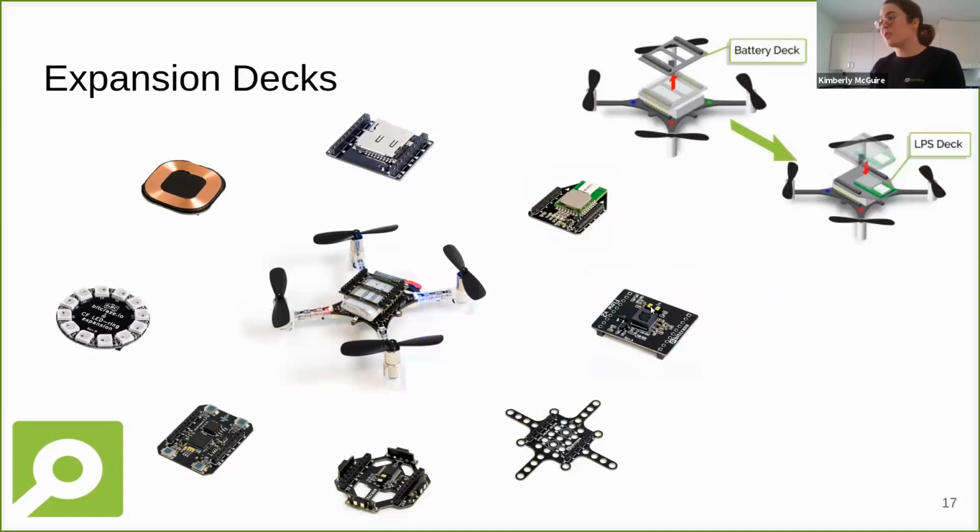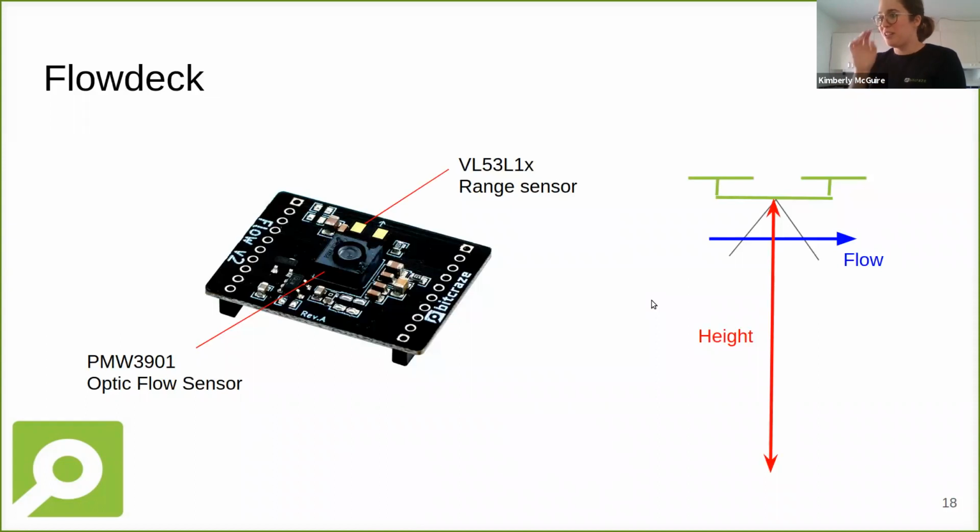Okay, so of course, the Flowdeck is the one that you guys are going to work with. So I'm going to show you the actual sensors on that. We have a PMW Pixart optical flow sensor, which does not calculate speed, it calculates how quickly the image moves.